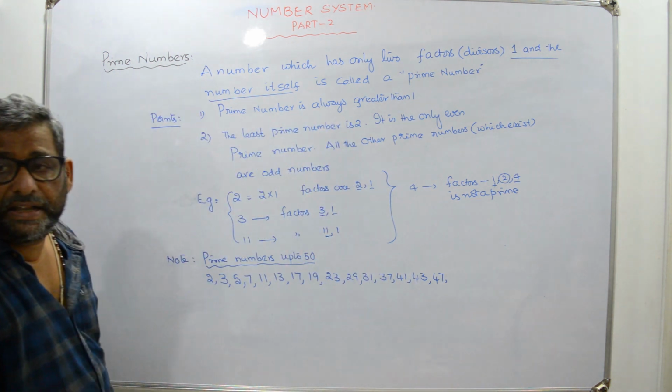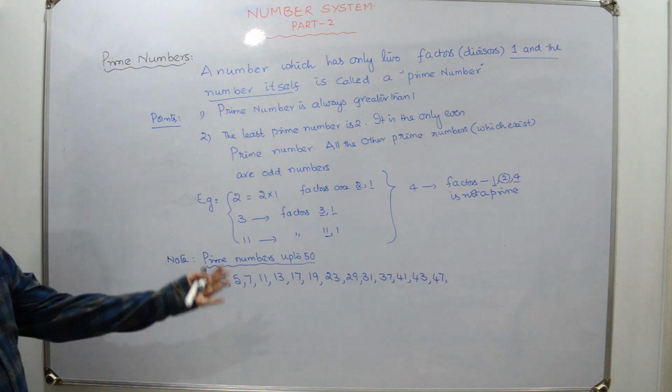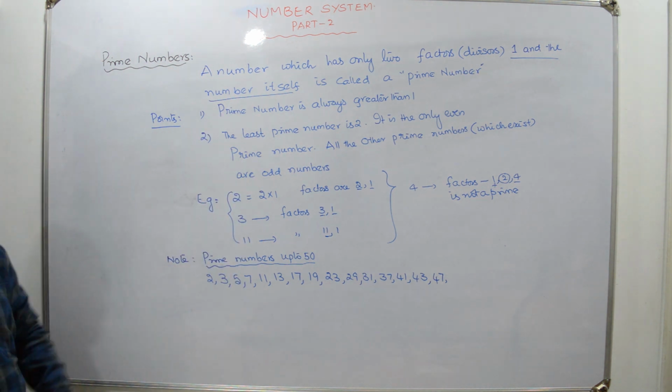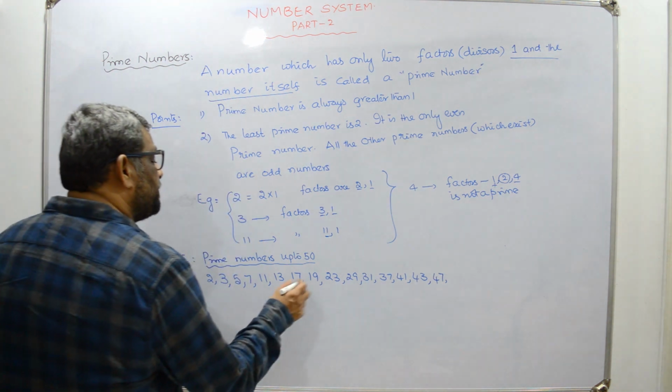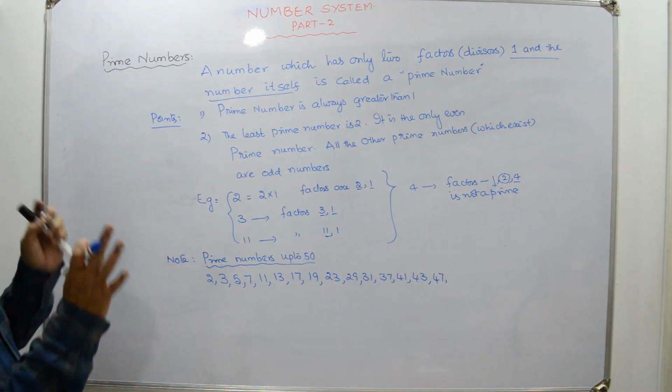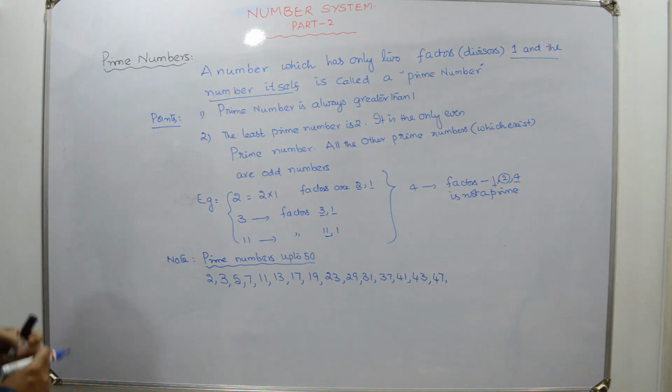These are the prime numbers up to 50. You can also write up to 100 like this. So this is about the concept of prime numbers.